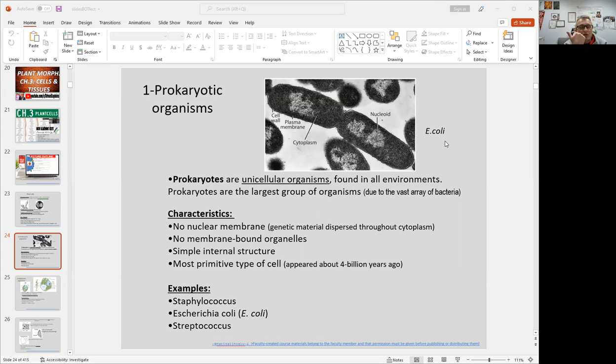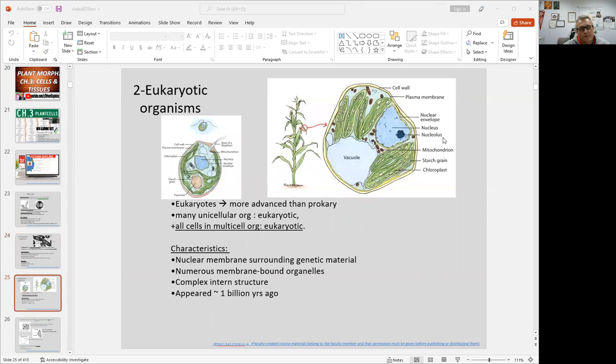They have no nuclear membrane and no membrane-bound organelles. They are pretty simple in structure, and they are the most primitive type of cell. There are many examples: E. coli, of course, we hear a lot. E. coli is a bacteria, as are strep or staphylococcus. These are just some examples.